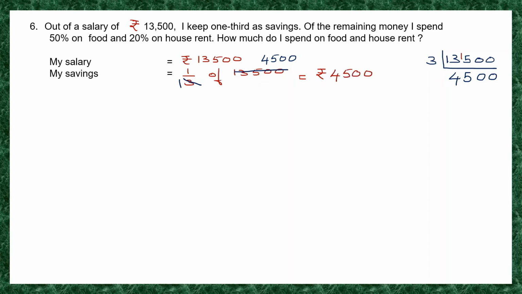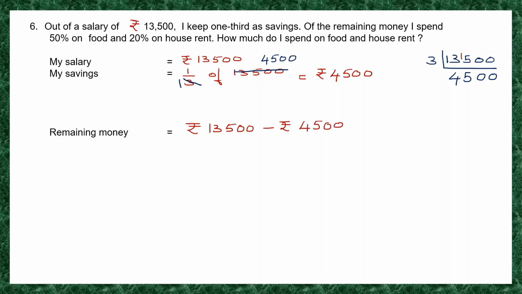Now the remaining money. So I get 13,500. I save 4,500. So what is the amount that remains? The remaining money will be 13,500, my salary, minus the 4,500 that I save. If I subtract both, I will know my remaining amount.